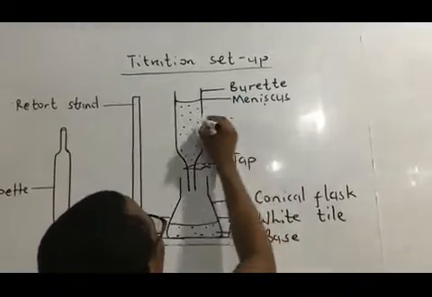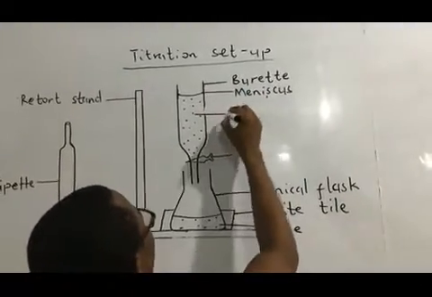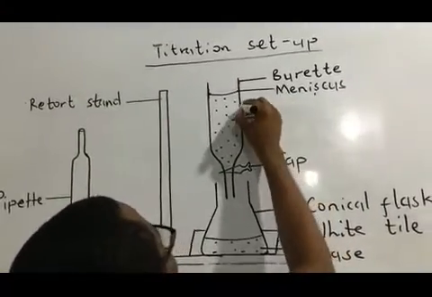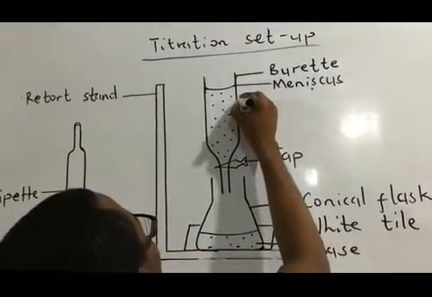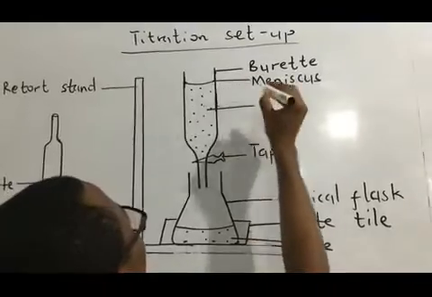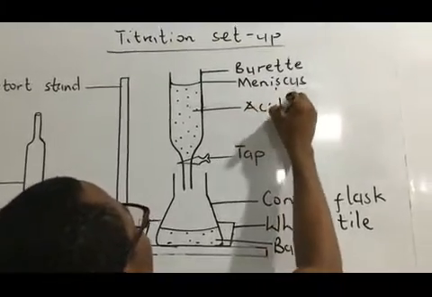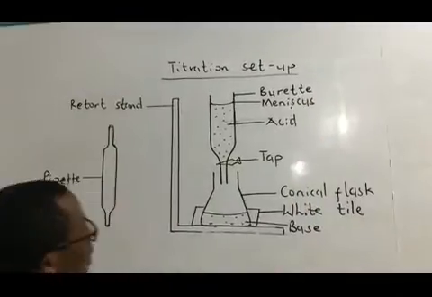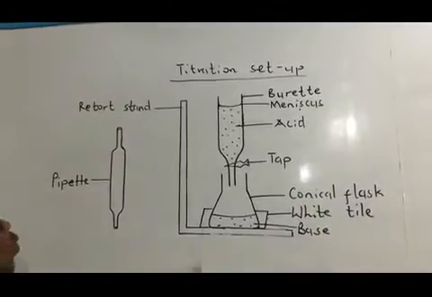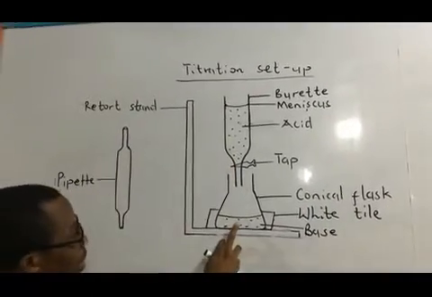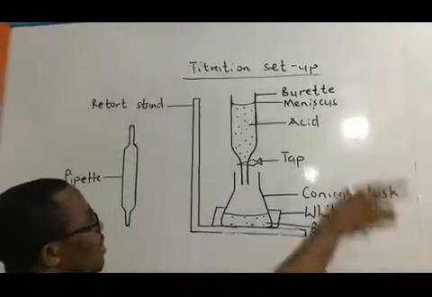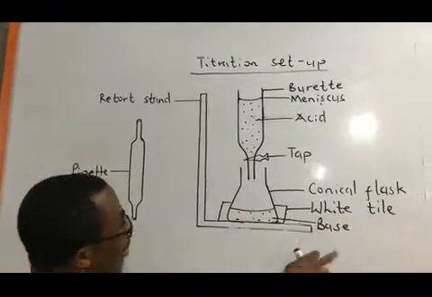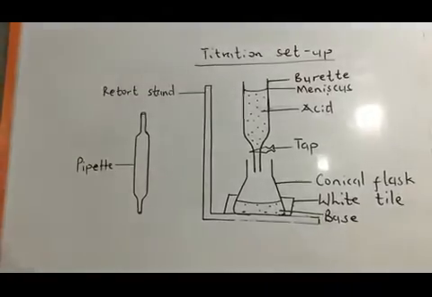So you have the meniscus, and then the solution in the burette is what we call the acid. So please take note. The curved surface area there is the meniscus. We have two solutions. One is in the burette, one is in the conical flask. In an acid-base titration, the acid is usually in the burette, and then the base is in the conical flask.